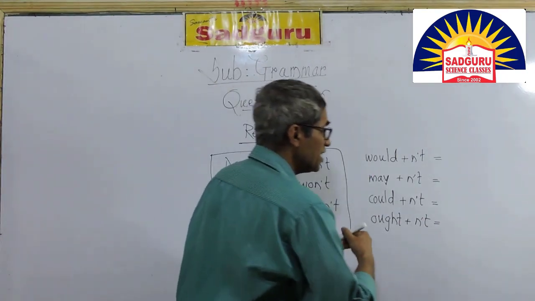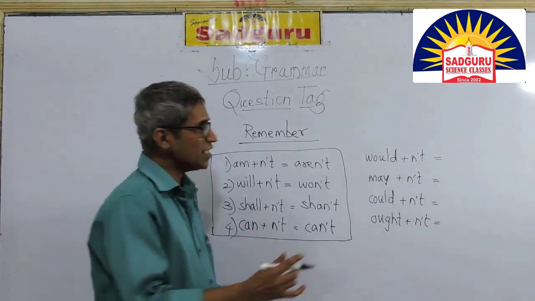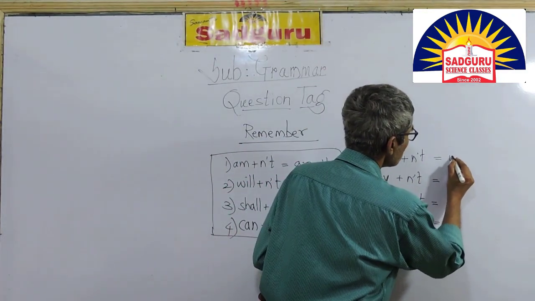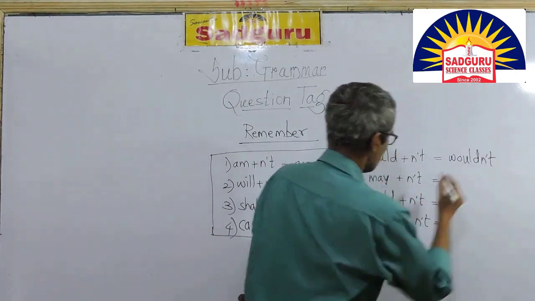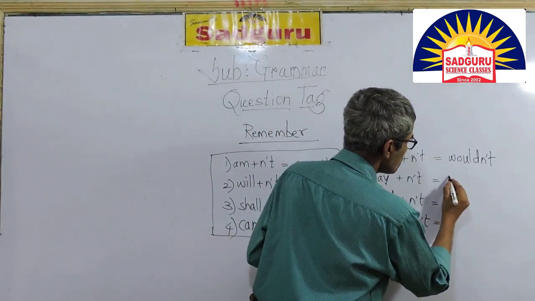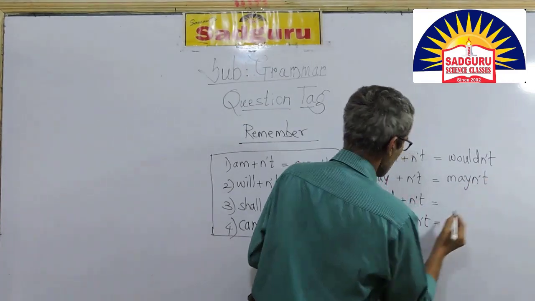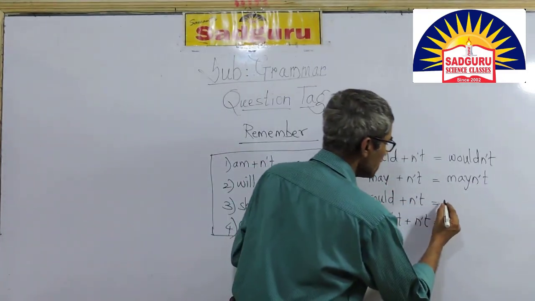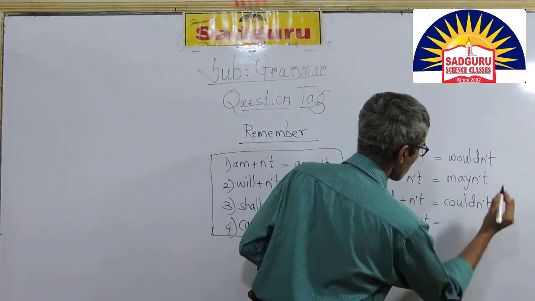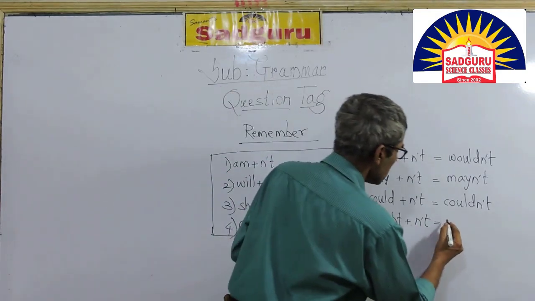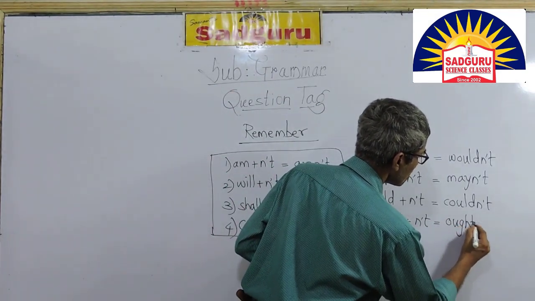Except these four, the remaining 20 auxiliaries, always remember, don't make any change in their spellings when n't is added. So you can tell me would plus n't is equal to, yes, right, wouldn't. May plus n't is equal to, exactly, mayn't. And could plus n't is equal to, couldn't. And ought plus n't is equal to, oughtn't.